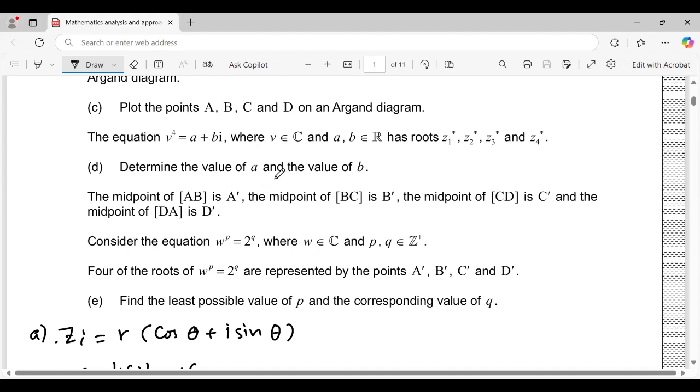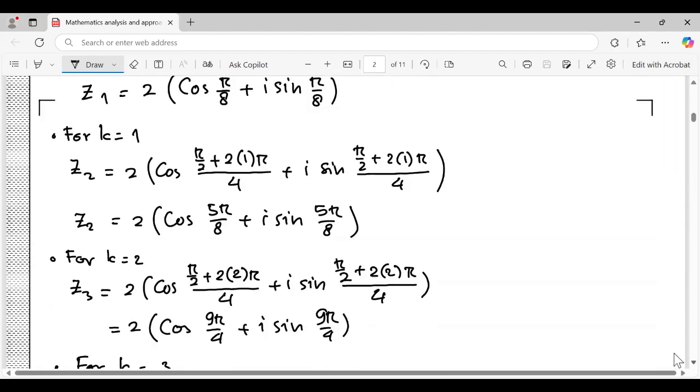Determine the value of a and the value of b.